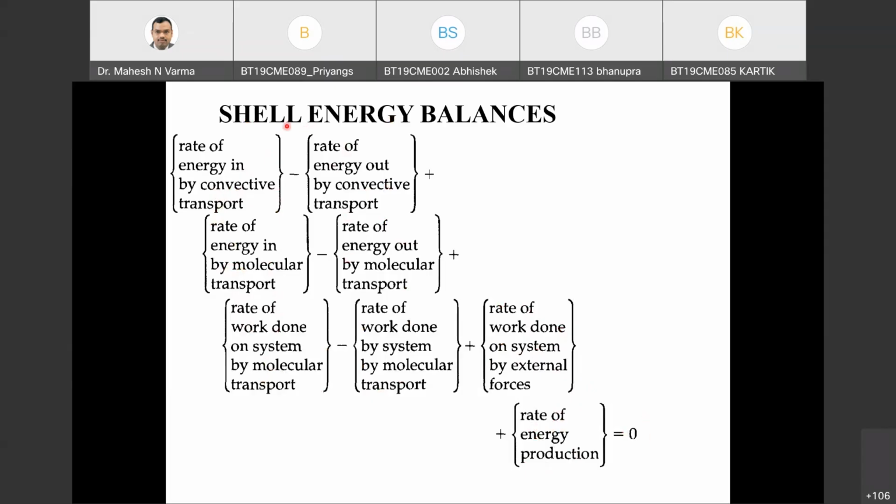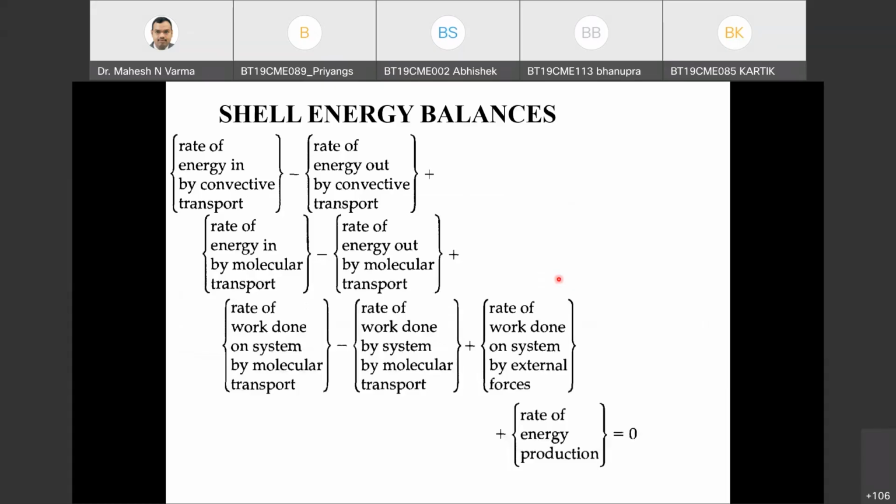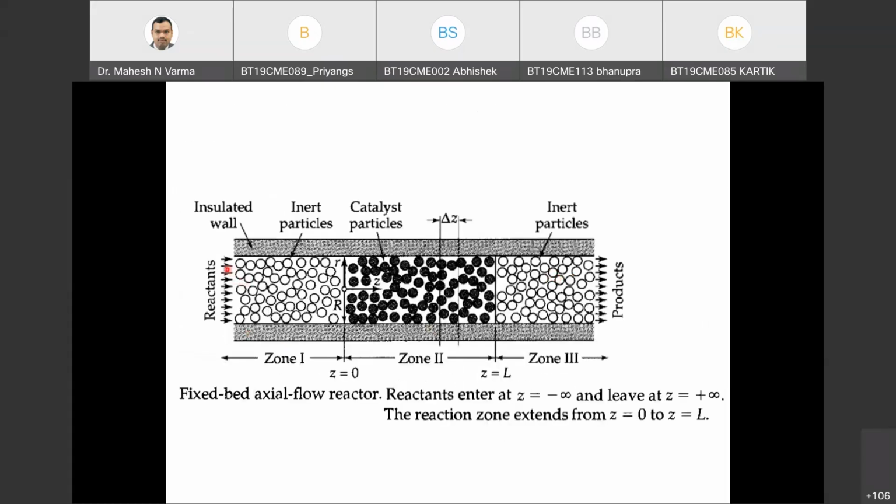Whenever there is a flow, we combine all these three and use a combined energy flux. This is the first thumb rule, and it will be used for flow systems. If the composition of the mixture is changing, okay, here I have reactant, say oxygen, and slowly it is converted to carbon dioxide.